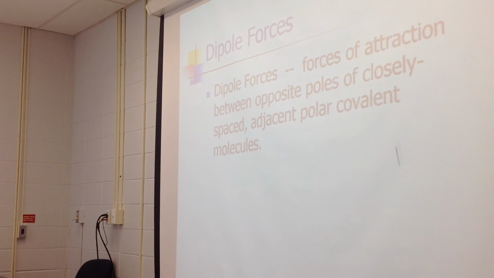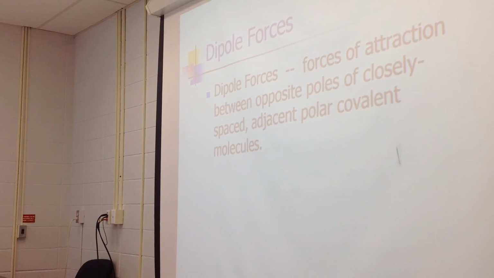Let's take a couple of polar molecules. In fact, we could even use water as the example if we want. Which end of the water molecule had the partial negative charge to it? Oxygen. That's a pole, right? That's the negative pole. All right, which end of the water molecule had the partial positive charge to it? The hydrogen.